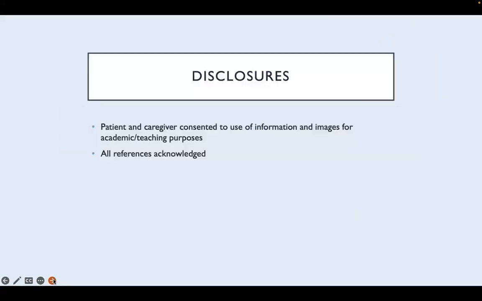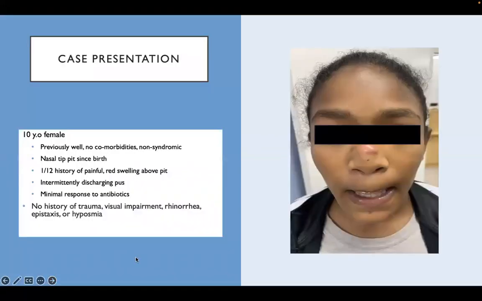I have no disclosures, and references are all acknowledged, and I obtained consent from the patient for use of images and all the information. So this is the patient. She was a 10-year-old female, previously well with no comorbidities. She was non-syndromic.